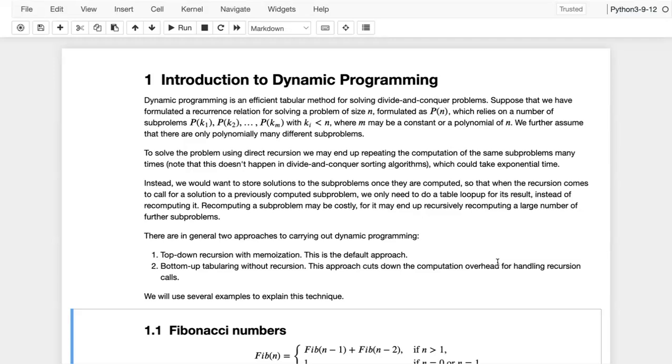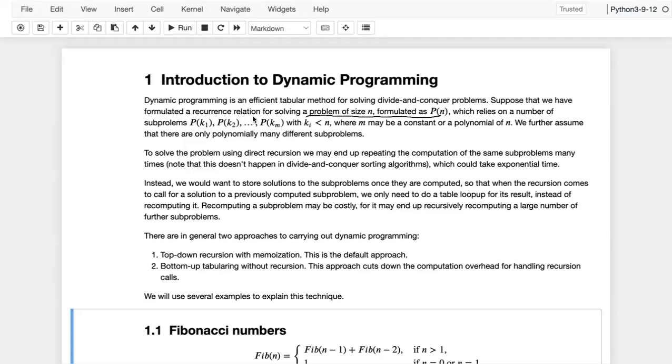Okay, so suppose that we have formulated a recurrence relation for solving a problem of size n. And we call this a problem P of n. So P stands for a problem, and n is the parameter size, which then relies on a number of subproblems.